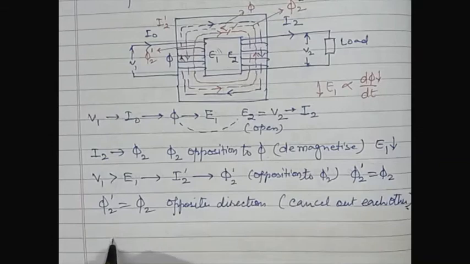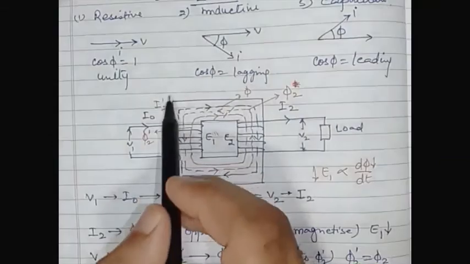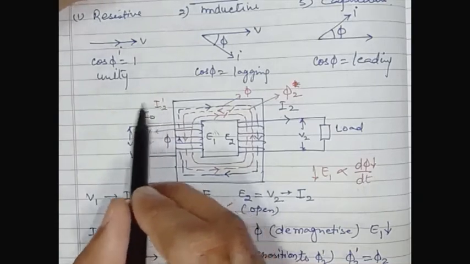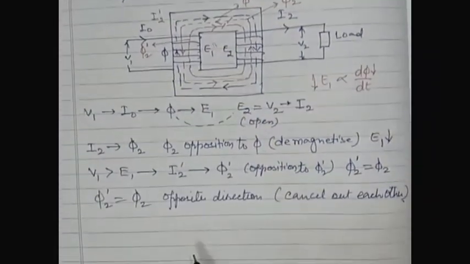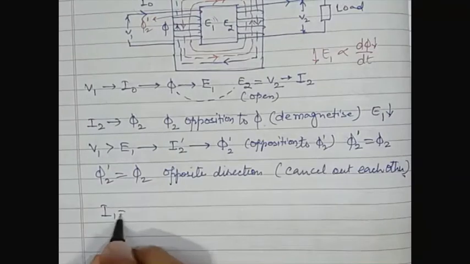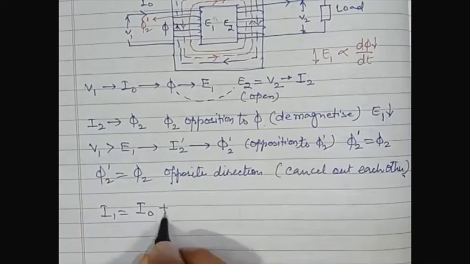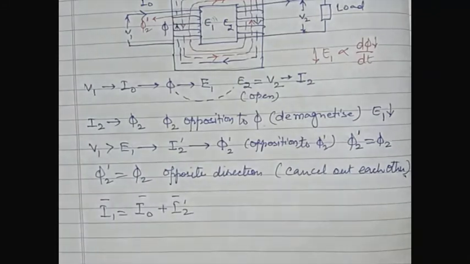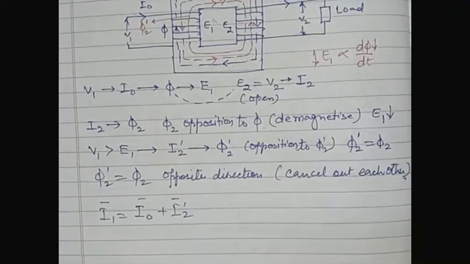In this figure, I0 and I2 dash are the components of the primary current. It means I1 is equal to I0 plus I2 dash, the phasor sum of these.